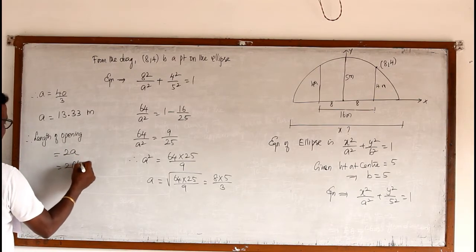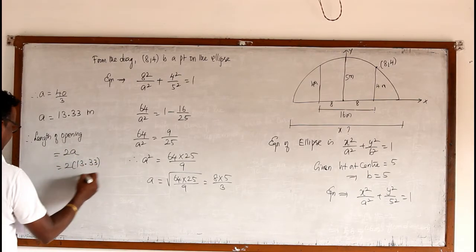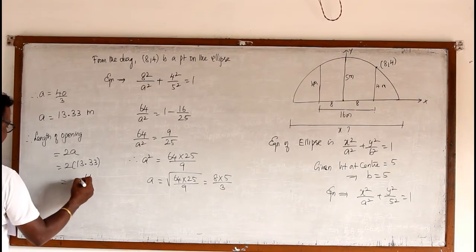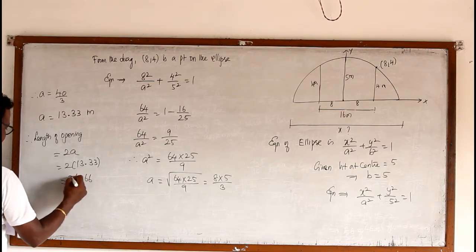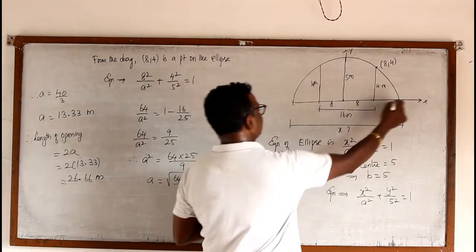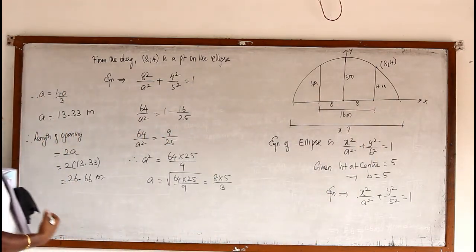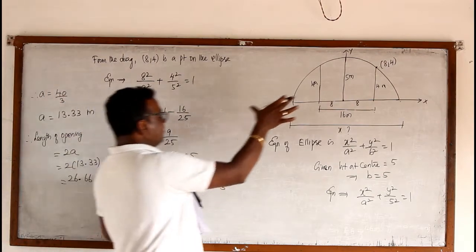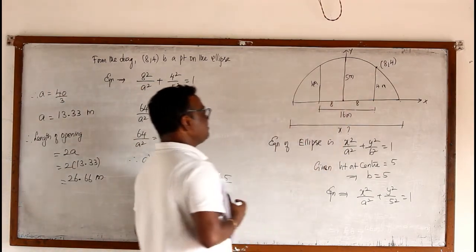So 2 into 13.33, it is 26.66 meters. So the width of the opening will be 26.66 meters.